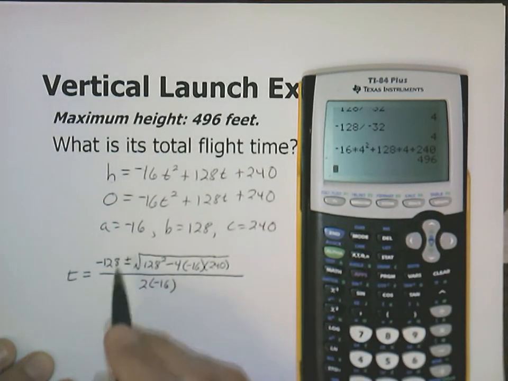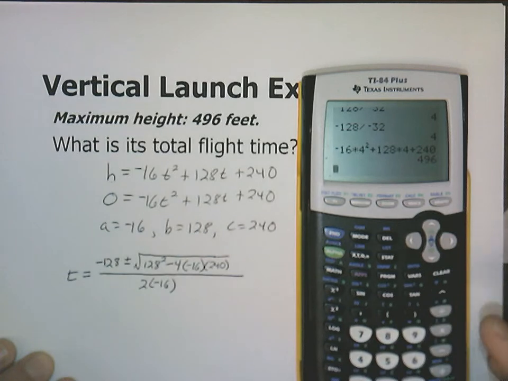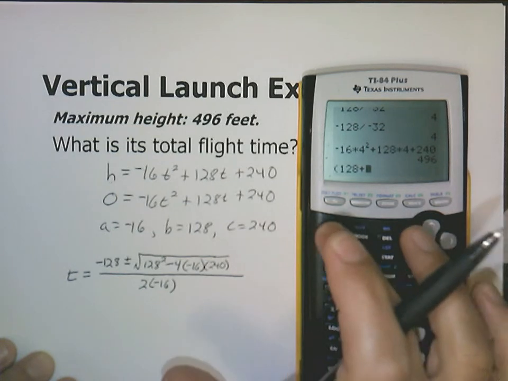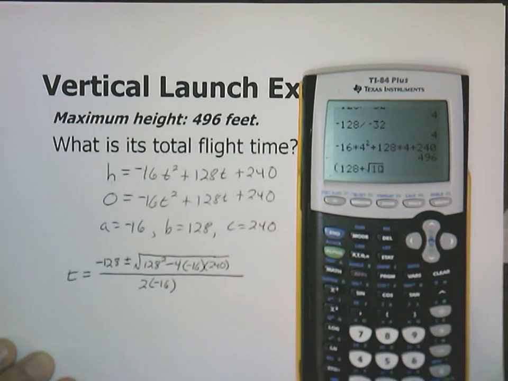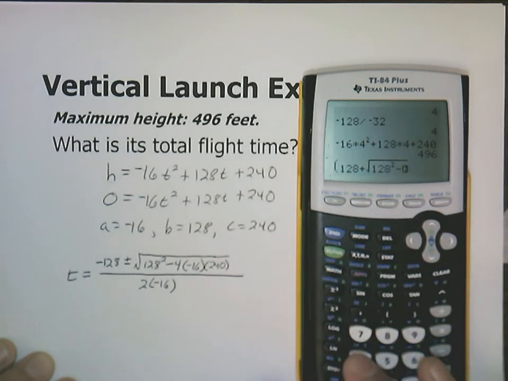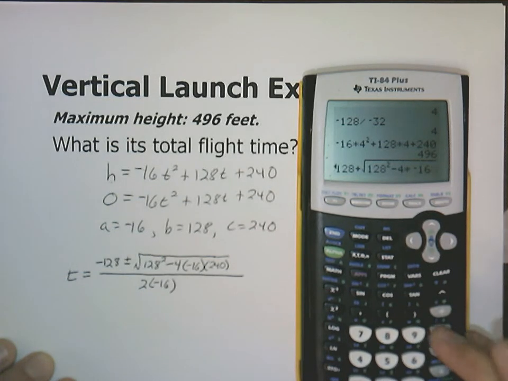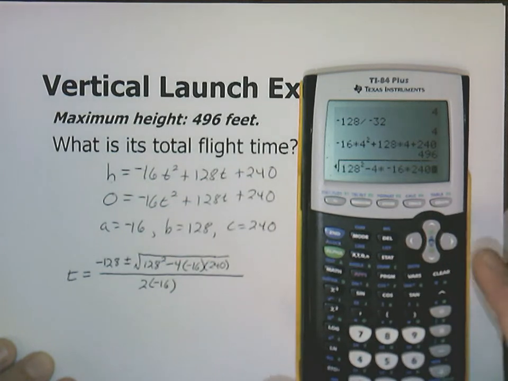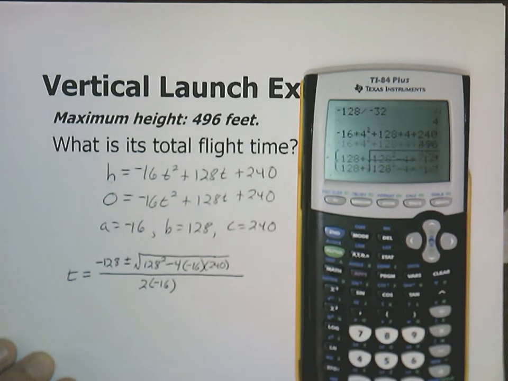You don't have to do it twice, once for plus and once for minus. So we got in parentheses now for our numerator, 128 plus the square root of 128 squared minus 4 times negative 16 times 240, parentheses around my numerator, and then we're going to divide that by 2 times negative 16, which is negative 32.